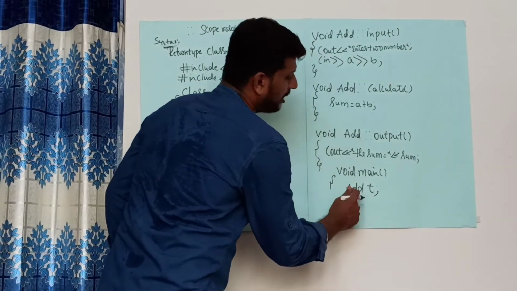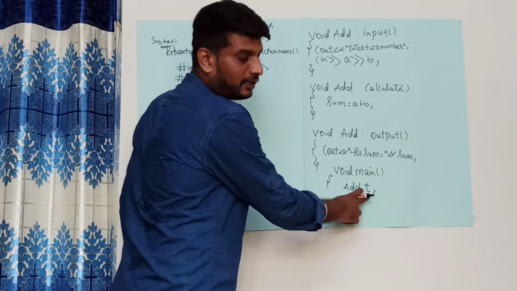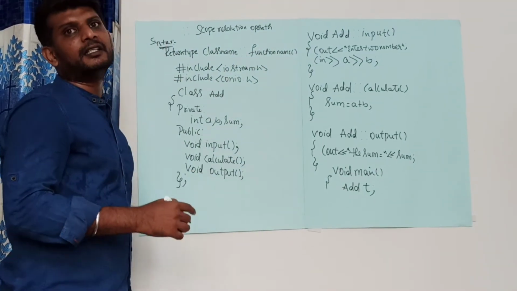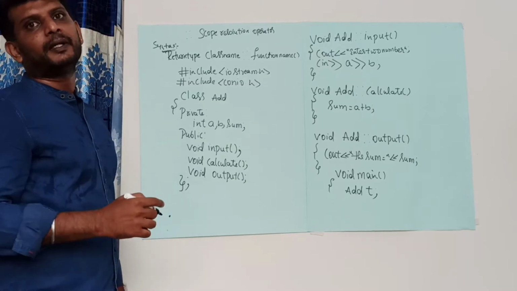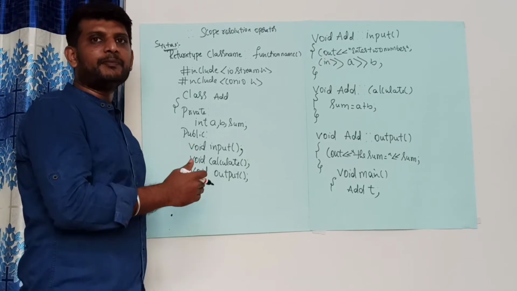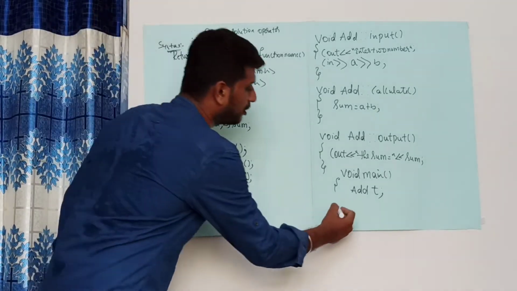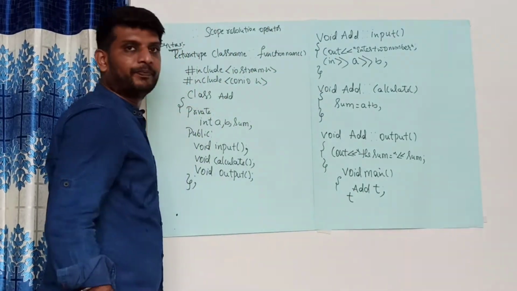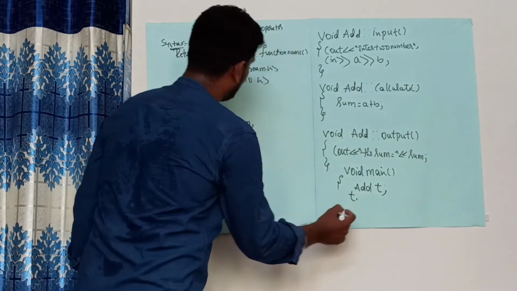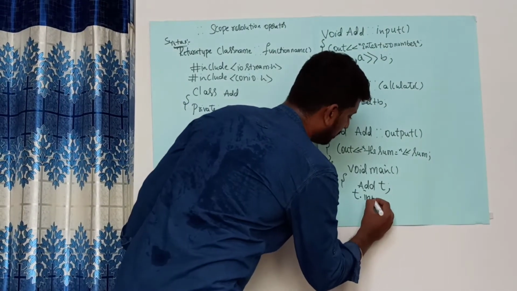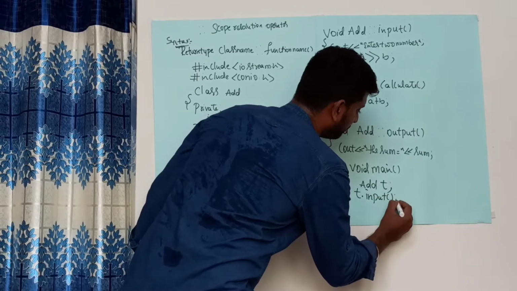Okay, next I have declared the object. Next, I have to call the functions. For calling the function, you need to use the dot operator, that is the object name followed by the dot operator followed by the function name. So the object name is T followed by the dot operator. I want to call the input function, so T dot input.